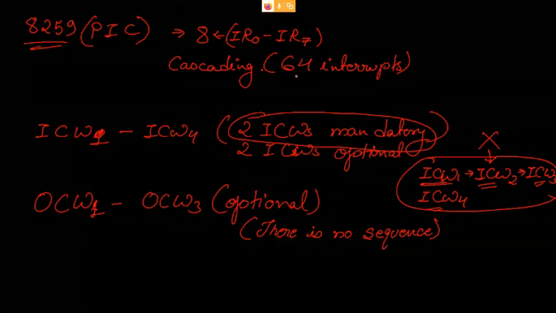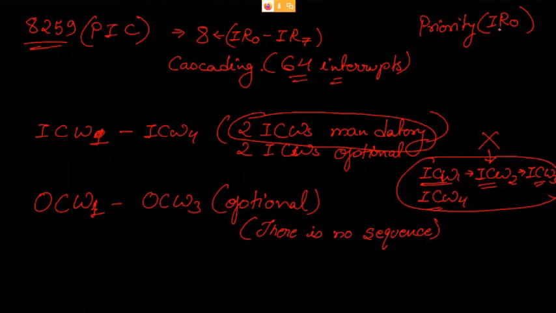We know that when multiple interrupts are there, a few things we have to keep in mind are priority. The highest priority is IR0. IR0 has the highest priority, IR7 the least.